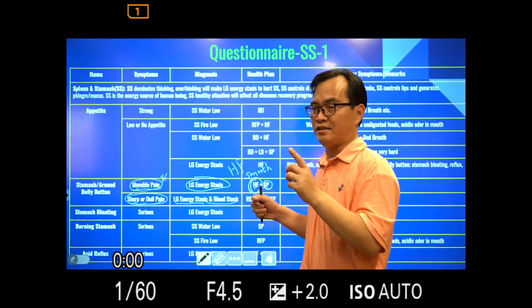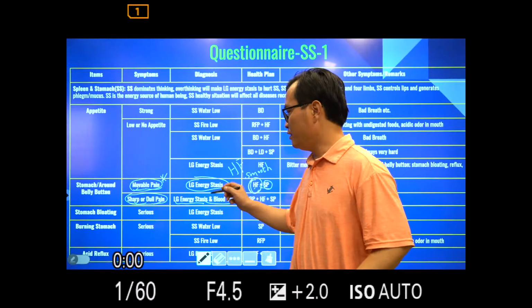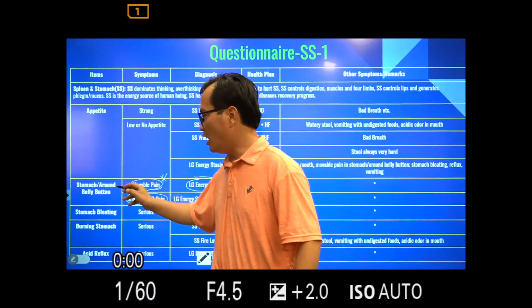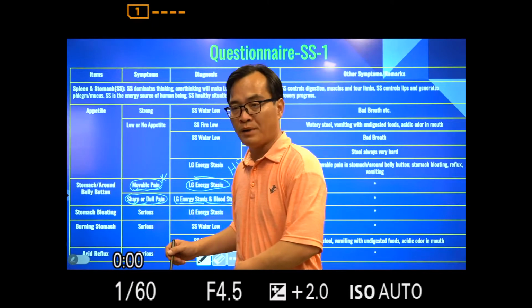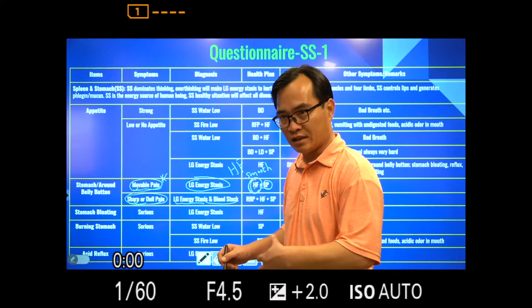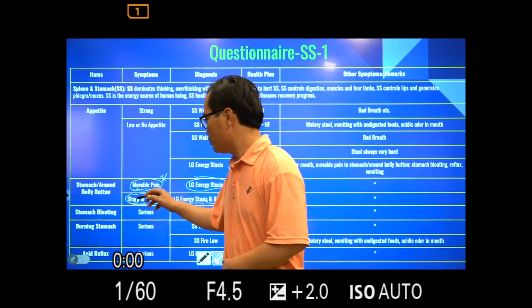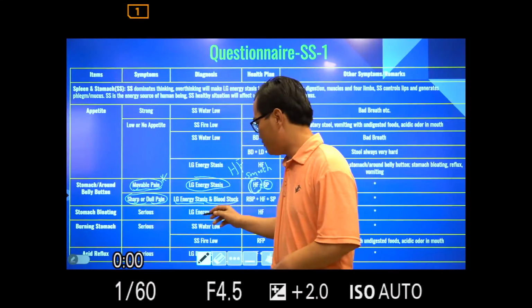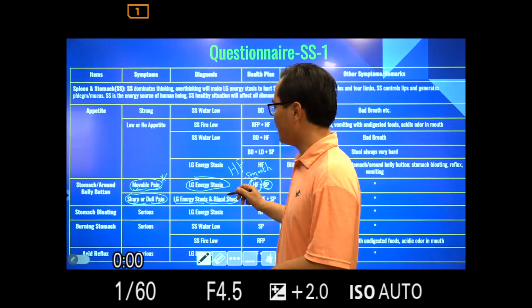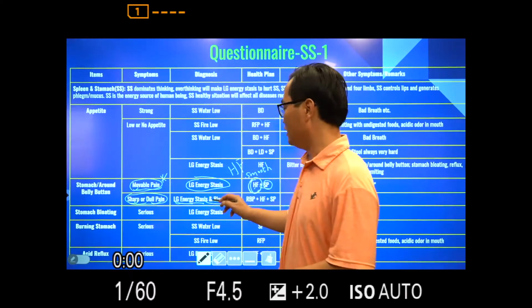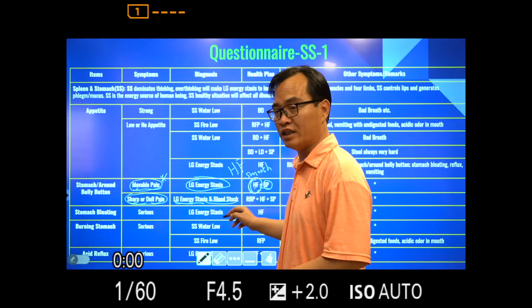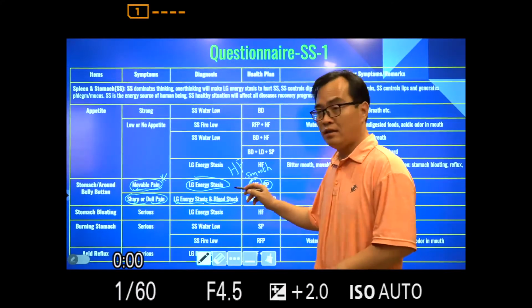So that is why when people have a sharp or dull pain in the stomach or around the belly button area, and we confirm it is blood stock or allergy inner diseases and blood blockage, this is the diagnosis result.